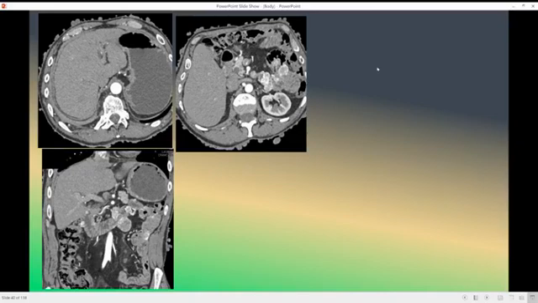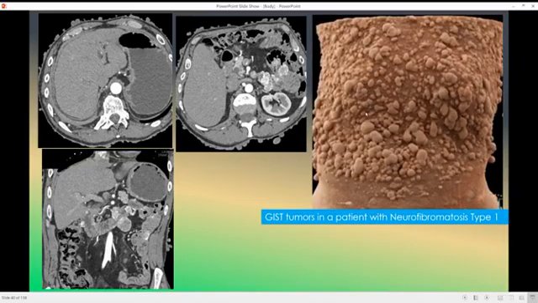Okay, we have some answers. This patient has neurofibromatosis, as we see here, multiple neurofibromas in the skin.